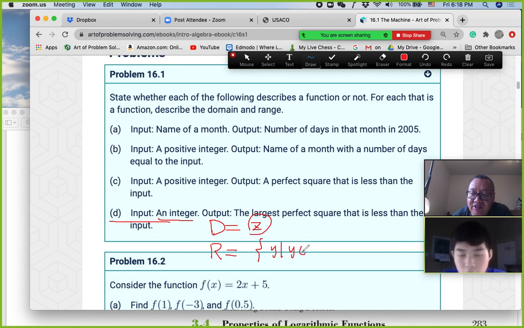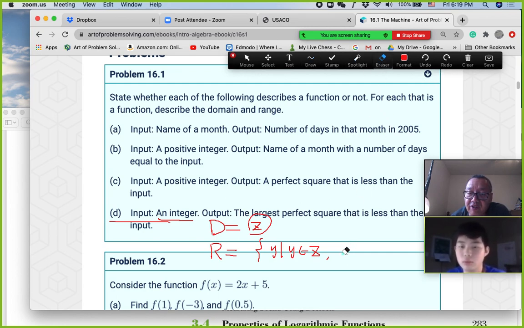This y is still from the integers, but this y is a perfect square, so the square root of y should also be an integer.